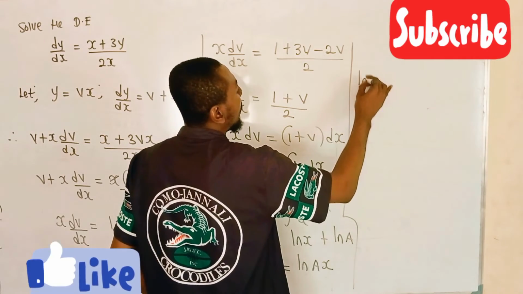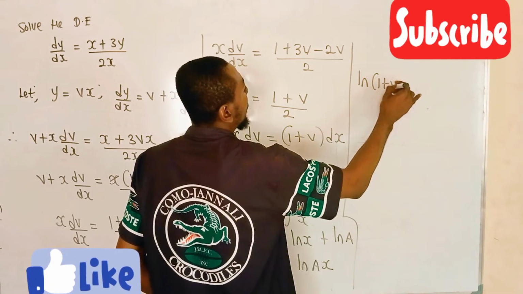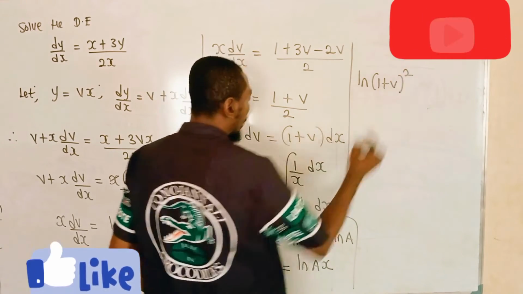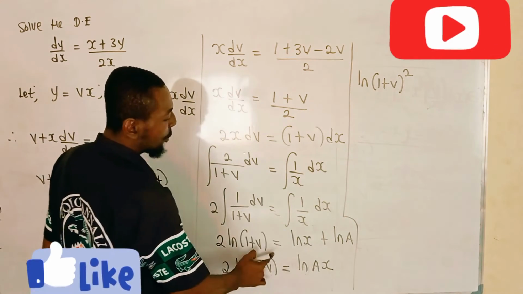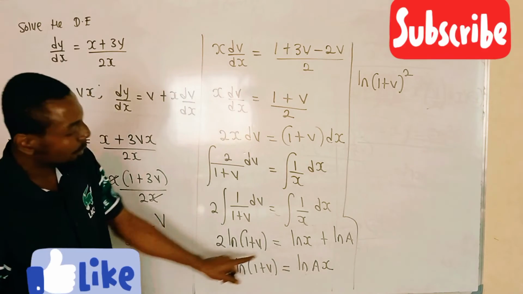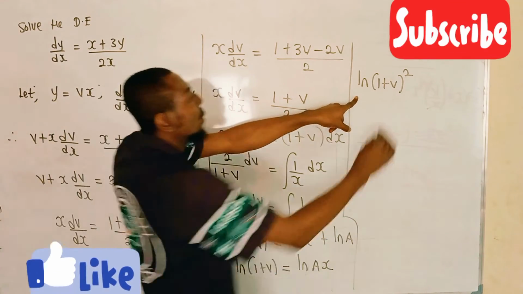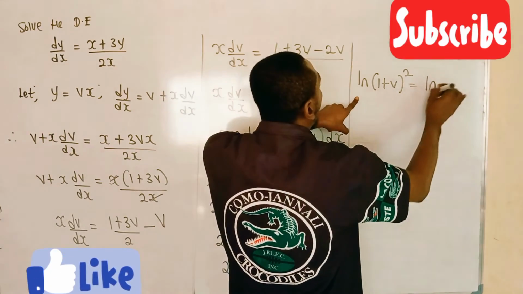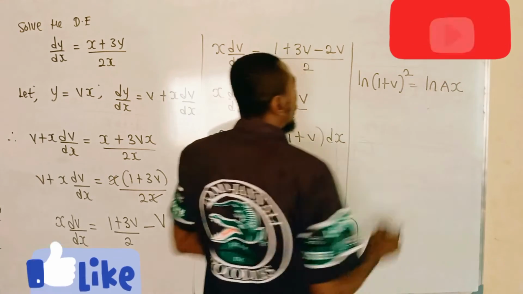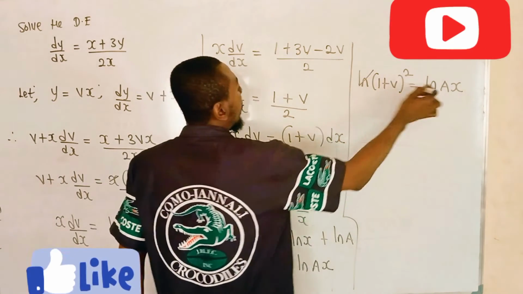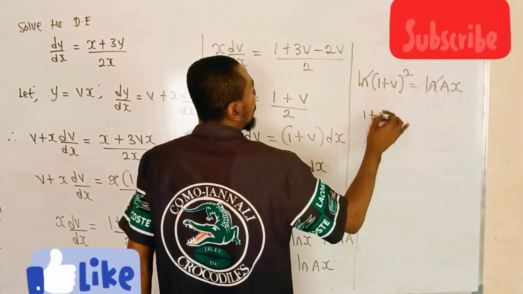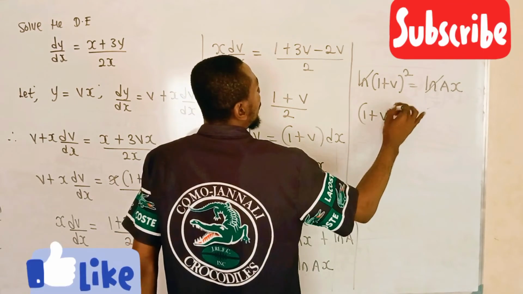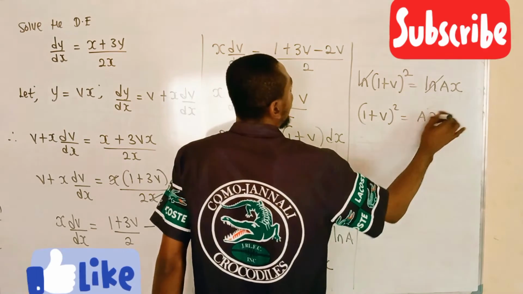We have ln of 1 plus v all squared. Take the 2 back to the front. We have this equal to ln ax. Then we can take the logarithm out from both sides. The ln will cancel out the ln, so that we have 1 plus v all squared is equal to ax.